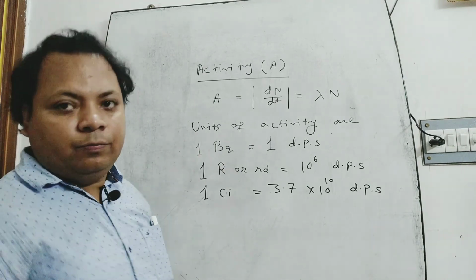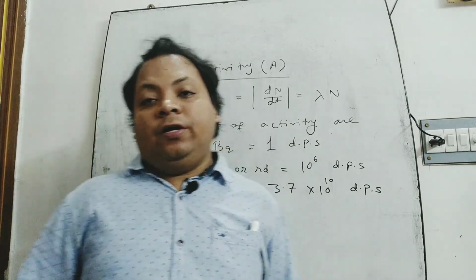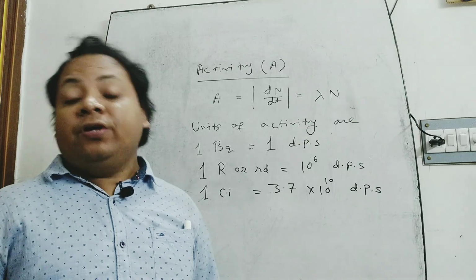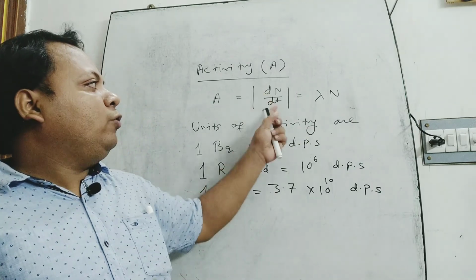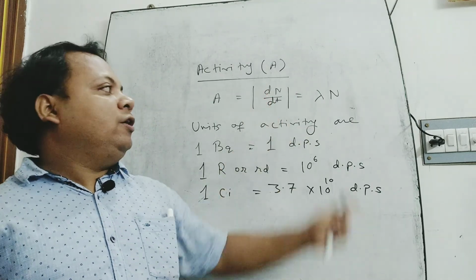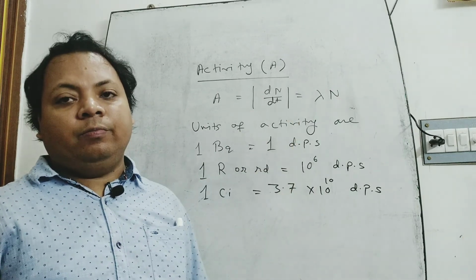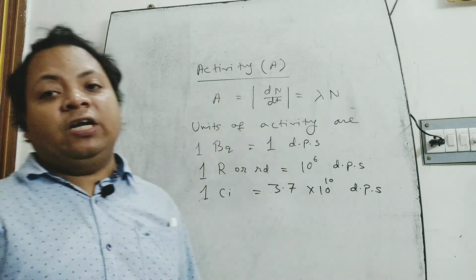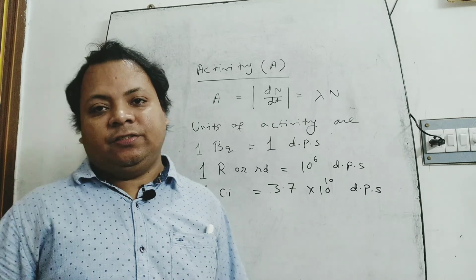Now, activity is equal to the rate of disintegration, that is modulus of dN/dt is equal to lambda into capital N, or activity is known as rate of disintegration.